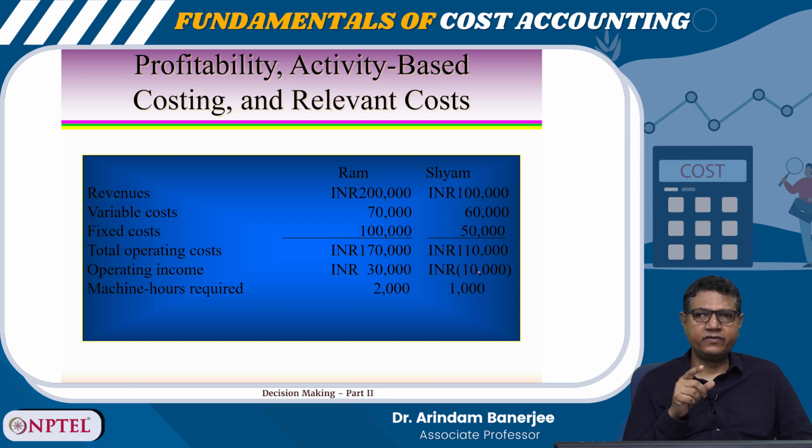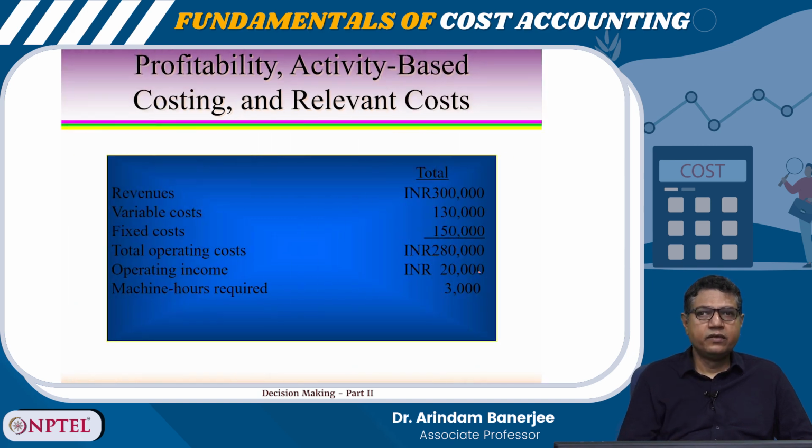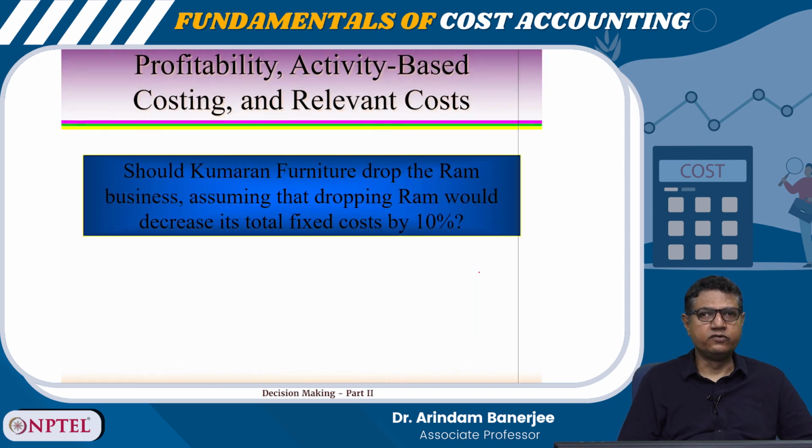And in the case of Sham, the contribution is 40,000, so 40,000 by 1,000 is 40, right? Now if you make the total, the total revenue is 3 lakh, variable cost is 1 lakh 30,000, fixed cost is 1 lakh 50,000, total operating cost is 2 lakh 80,000, operating income is 20,000, and machine hours required is 2 plus 1, that is 3,000.